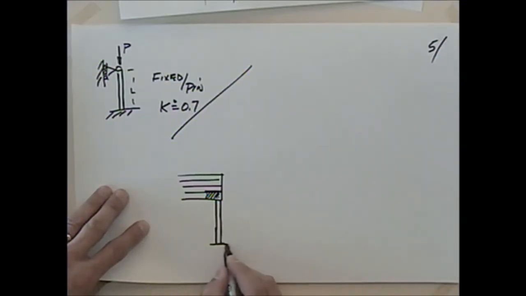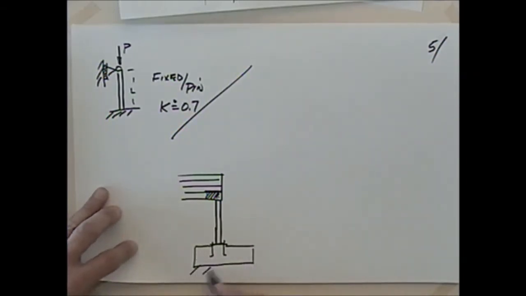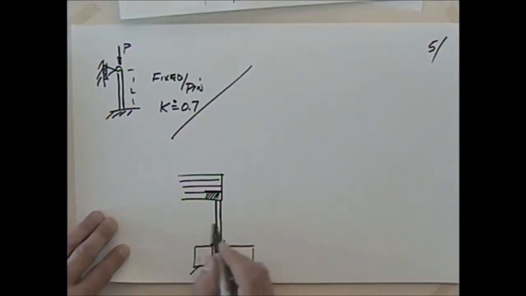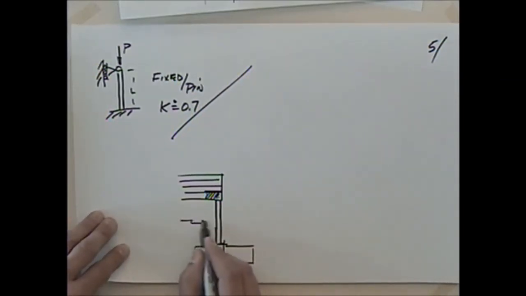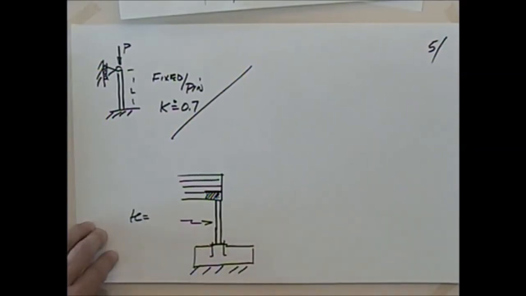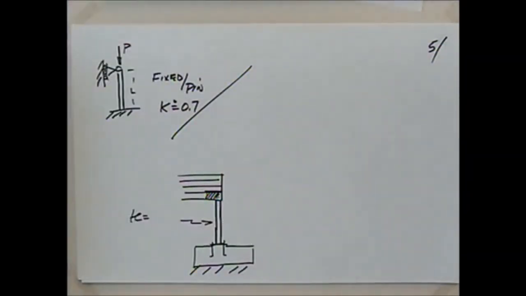We maybe have a base plate attached into a footing with some anchor bolts like that. What would you say the K on this is? This is where you'll make all your money, because I've seen lots of columns and none of them have ever had the K marked on the side of them.